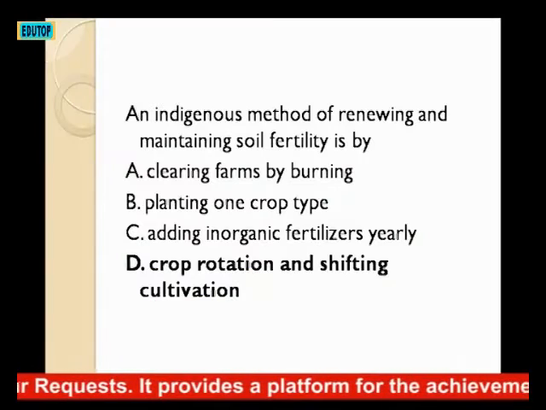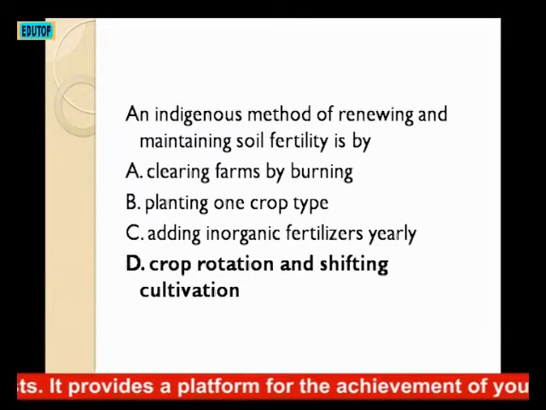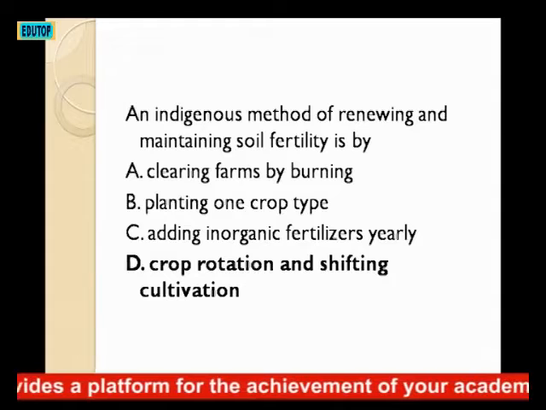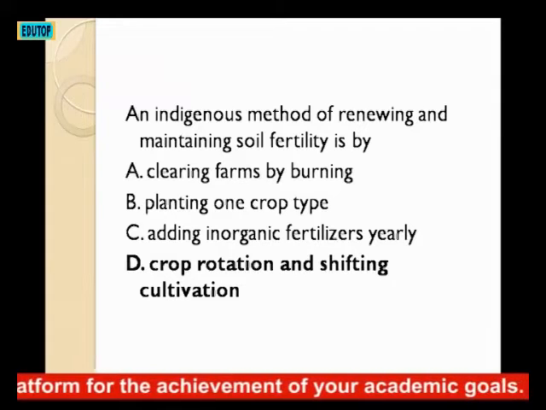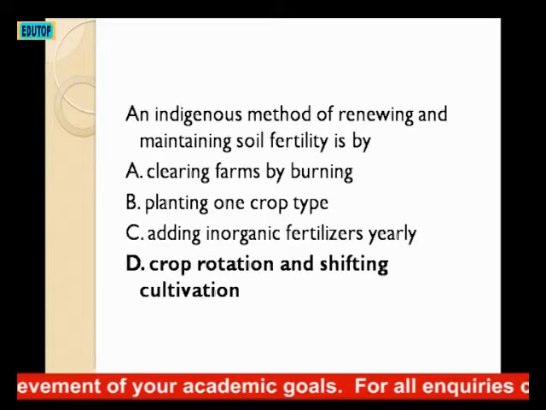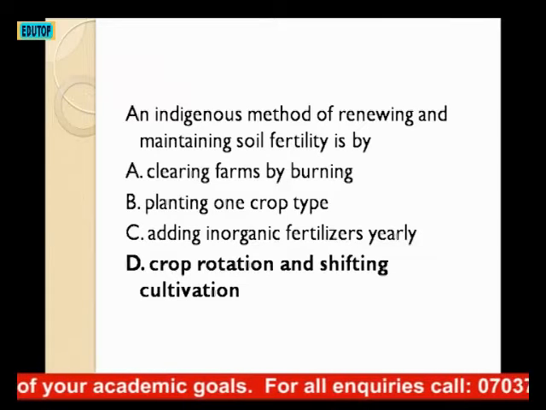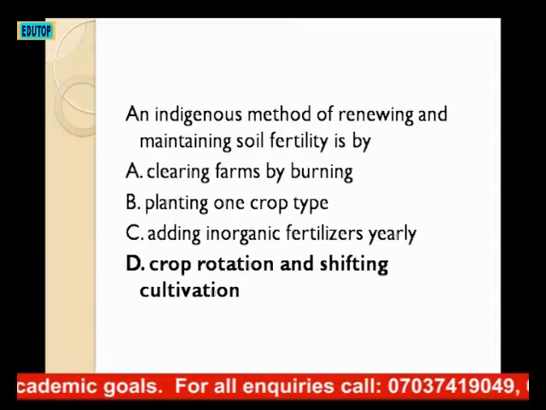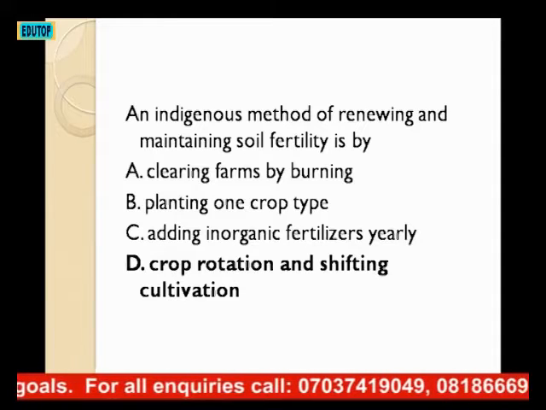The next question: an indigenous method of renewing and maintaining soil fertility is A, clearing farms by burning, B, planting one crop type, C, adding inorganic fertilizers yearly, and D, crop rotation and shifting cultivation.